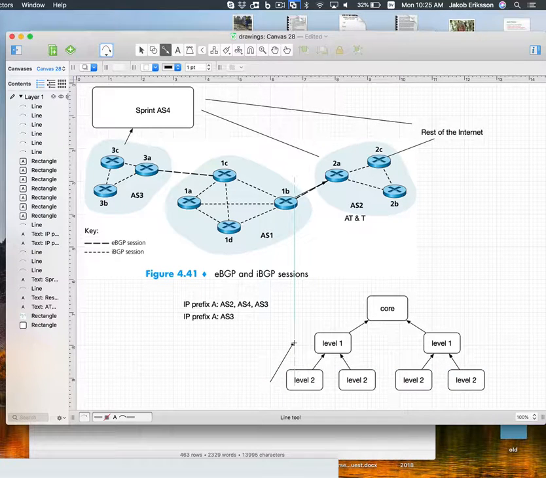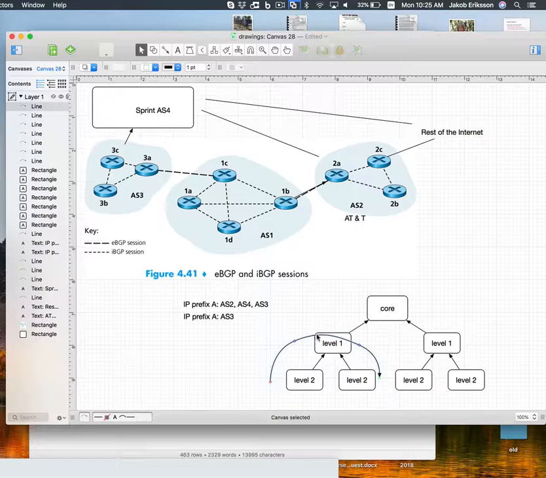When you route, you can go up, and you can go across within one level over peer links, and then you get to go down again to reach your destination.